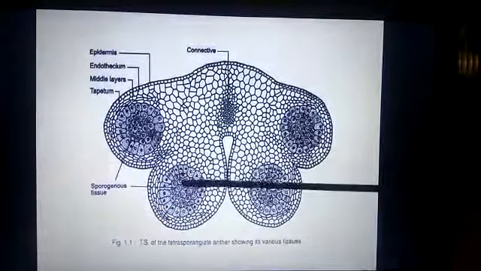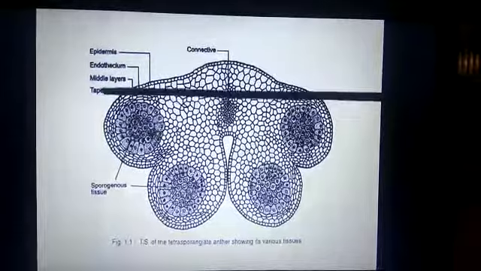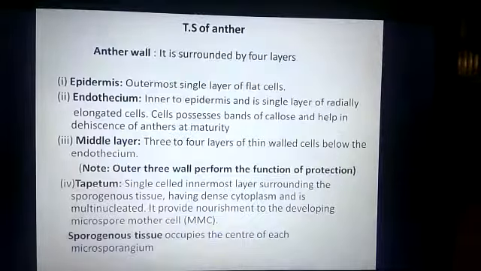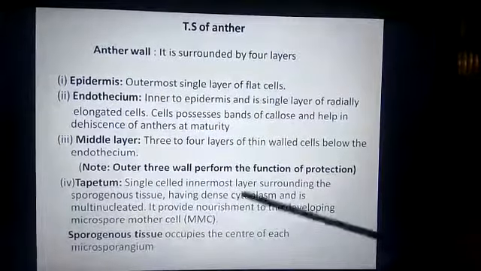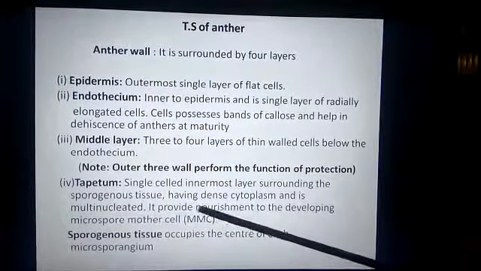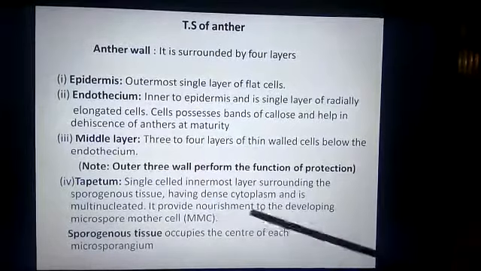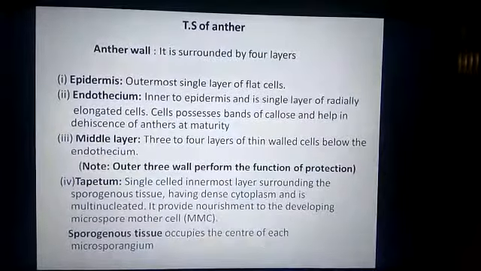So this sporogenous tissue is surrounded by cells known as tapetum. These tapetum cells have dense cytoplasm and are multinucleated. What is the function? They provide nutrients or nourishment to the developing microspore mother cells.